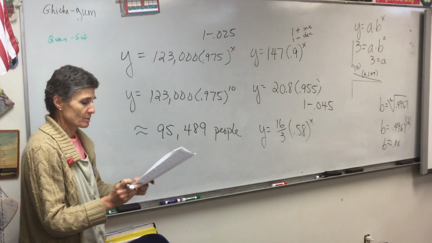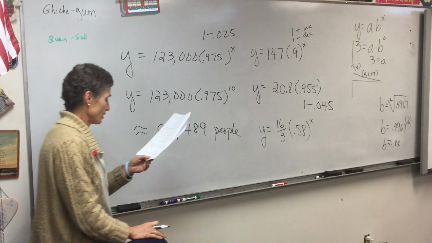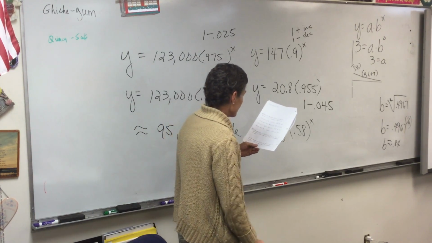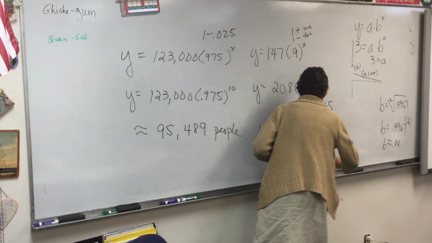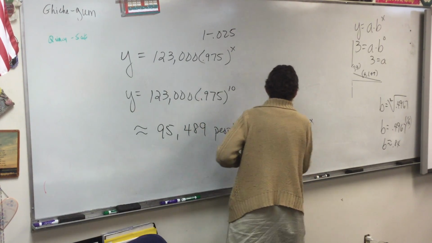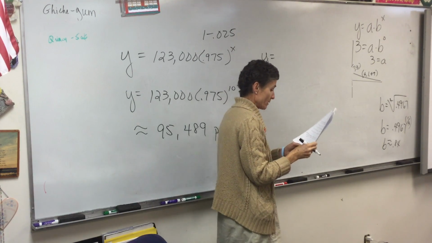Better? Let's try another one, see if I can get this one right. Population was this in this year. It increases 12%. What is its population in 2013? Okay. So what's the equation? What equation are we going to start with?